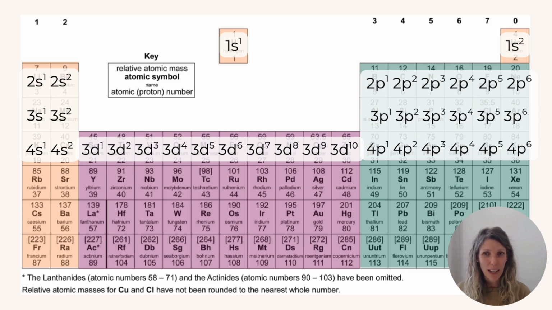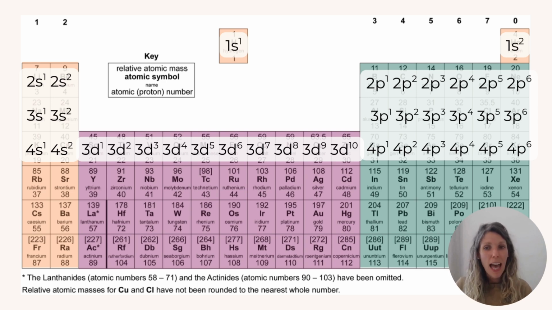Element number 4. If I look at beryllium, we read across 1s1, 1s2, 2s1, 2s2. Piece that together. We therefore have 2 electrons in the first shell, 1s2. 2 electrons in the second shell, both of those in s sublevels, 2s2.